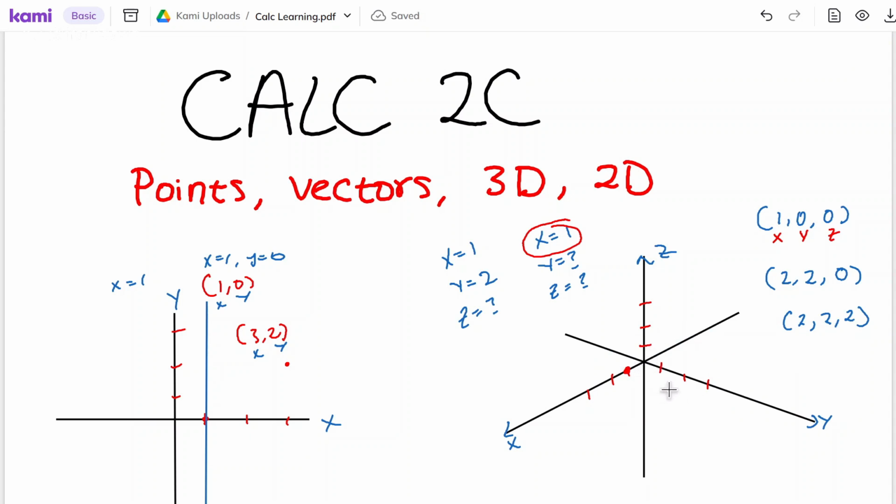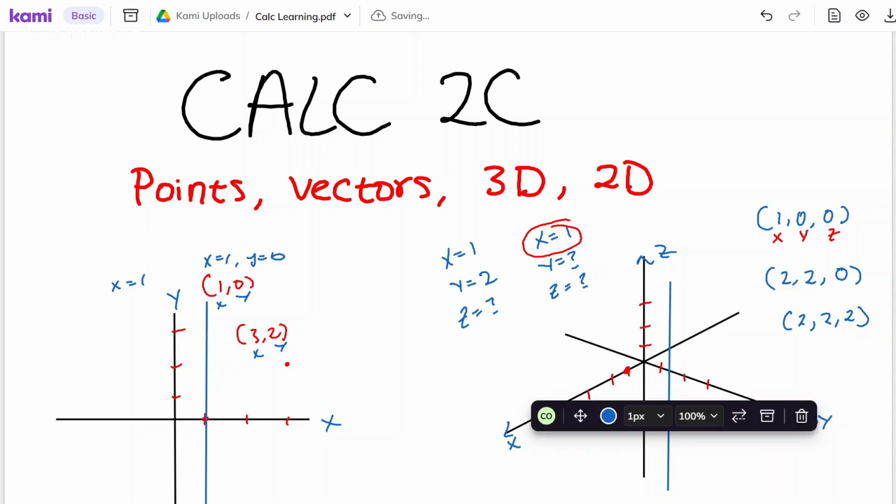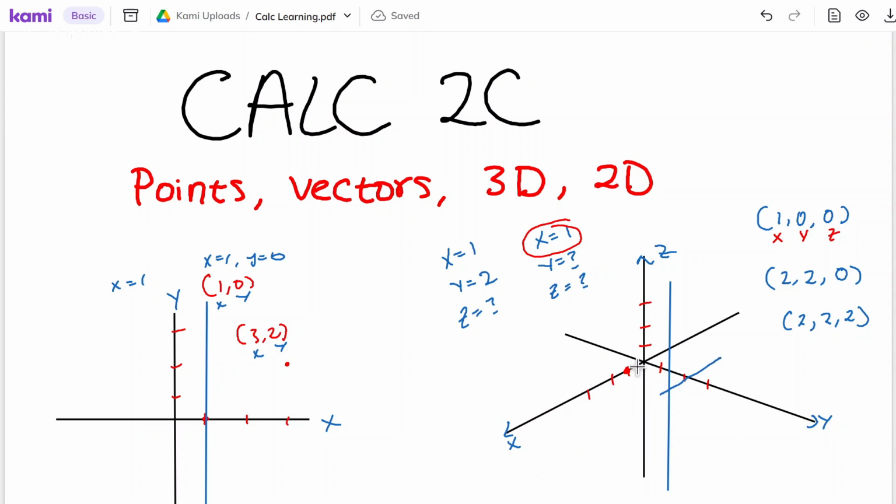So the x is always going to be 1, it's going to be a line up from 1, and then the y is always going to be 2, so it's going to go up like this. It's going to be a line where the x is always 1 and the y is always 2. So right here, it's at y equals 2, and it's at x equal to 1. And that's a line.